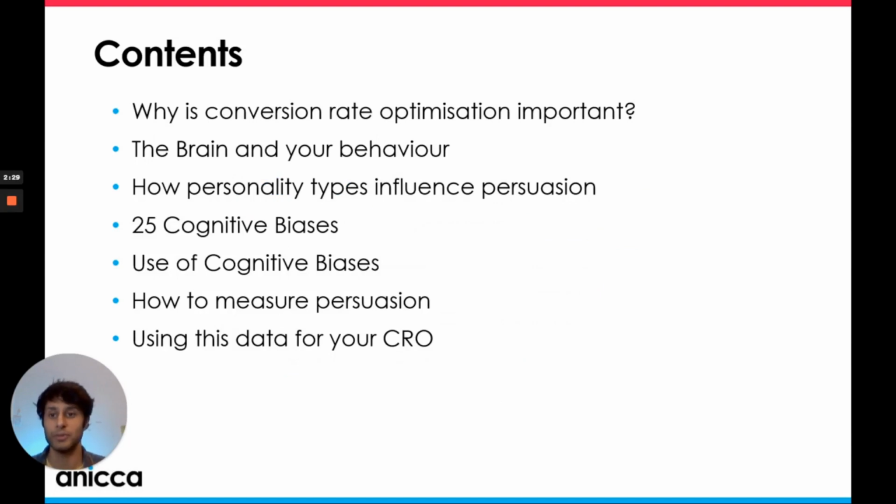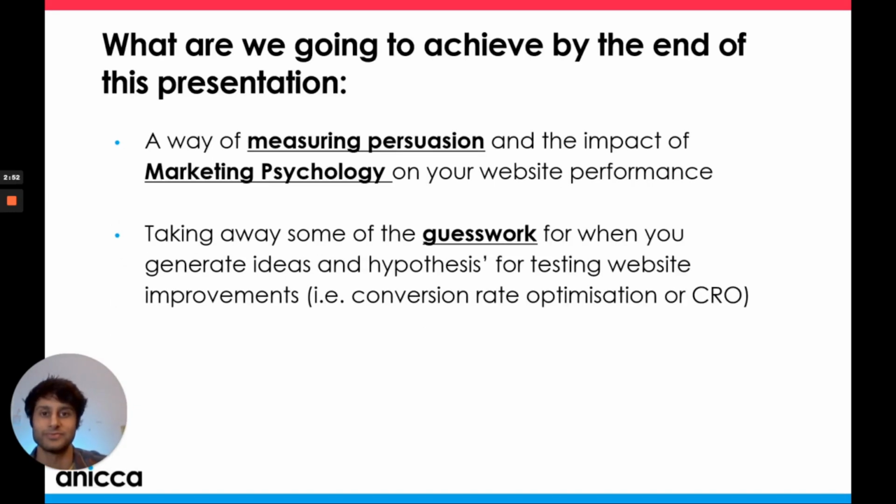So today in this webinar, I'm going to go over the following: why is conversion rate optimization important, the brain and your behavior, how personality types influence persuasion, the 25 cognitive biases and the use of these cognitive biases, how to measure persuasion, and using this data for your CRO.